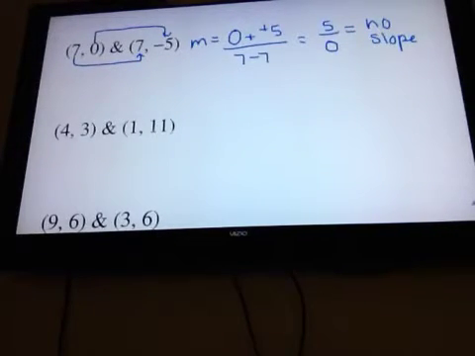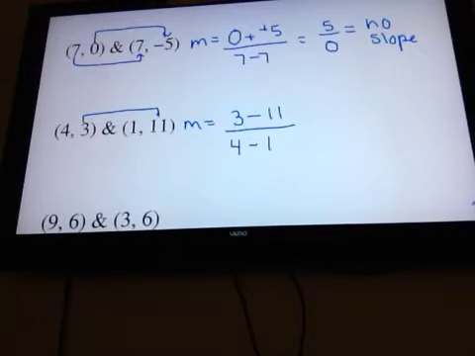Okay, my next one here, m equals my y, which is 3, minus the other y, positive 11, over x, which is 4, minus my other x, which is 1. I do my calculations, and I have negative 8/3, which can simplify no further, so that's the answer.